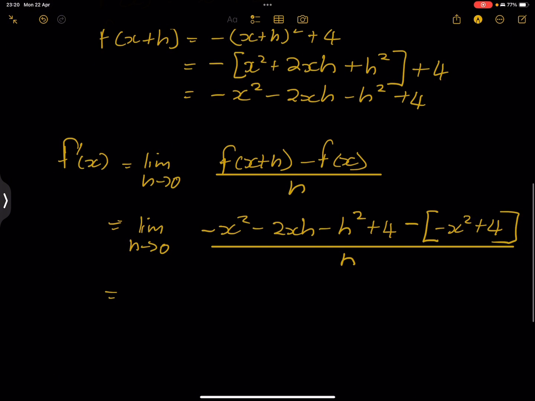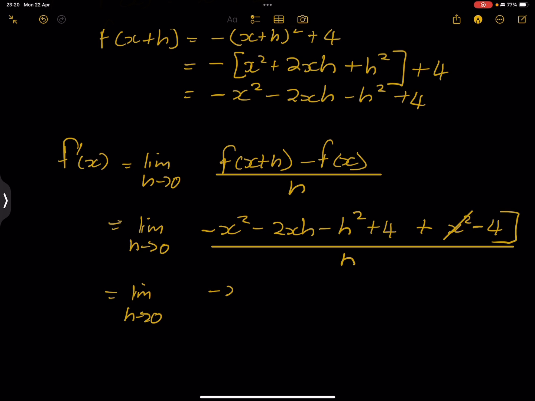So again this is the limit as h tends to 0. If we multiply by that negative, I'm just not going to have another step here. This is going to be plus and minus, isn't it?